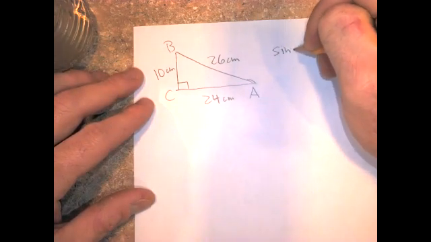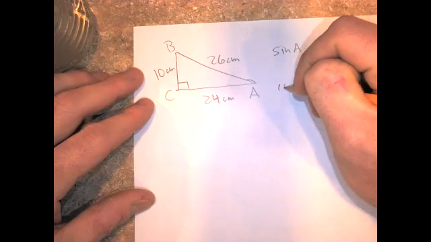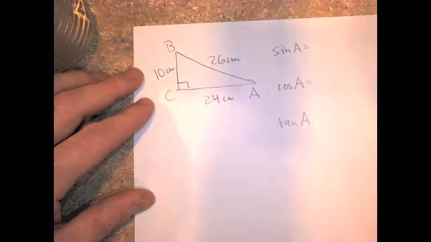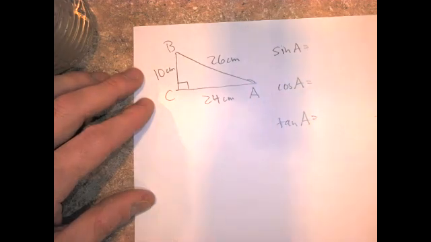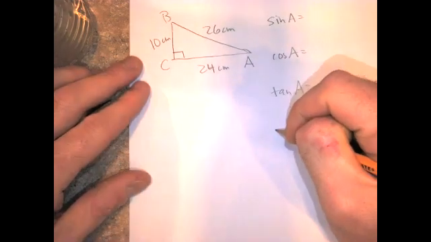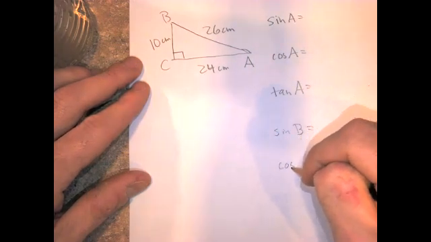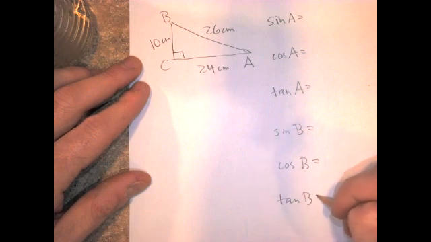What's the sine of A? What's the cosine of A? What's the tan of A? And do angle B also. What's the sine of B? What's the cosine of B? And what's the tan of B? Write out how you calculate these.